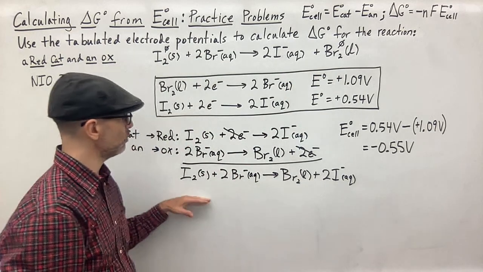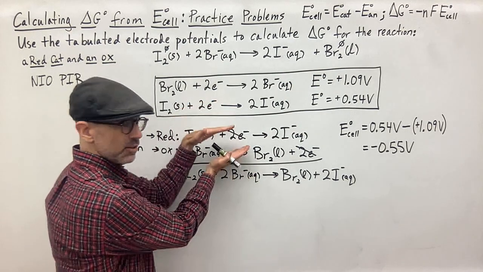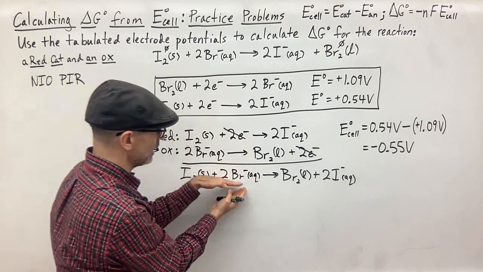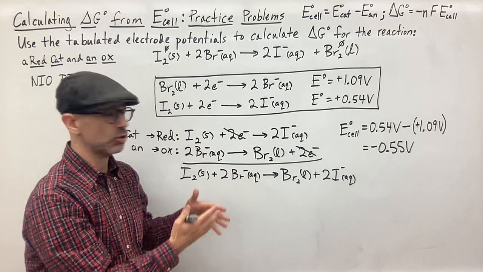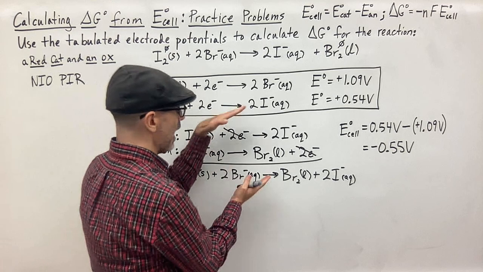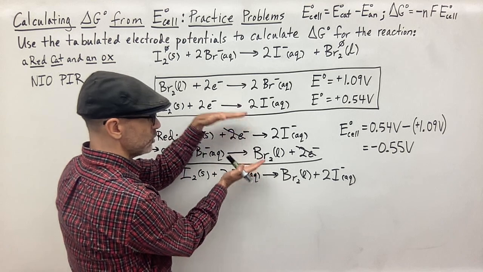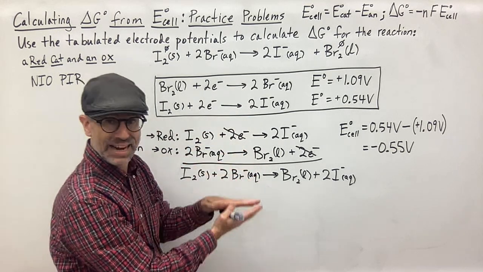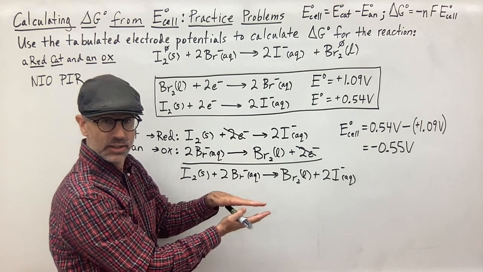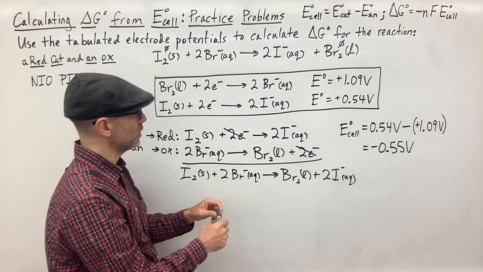So what does this tell me? It tells me that if I add these two together and I get this one, well, I can then apply that to the electrode potentials. If I add two half reactions together, then all I do is add their electrode potentials together. Now here's the trick though.